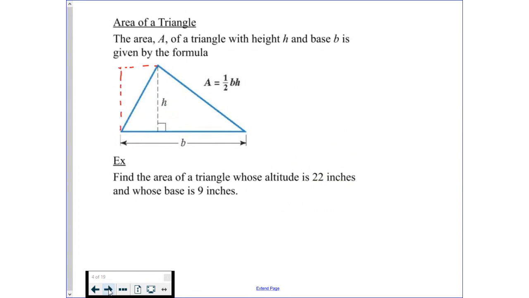So these two triangles are the same. You see, the two triangles are the same. So we have half of the two triangles. And here, if you extend here, again, the two triangles are the same. So the area of the bigger rectangle, the rectangle is b times h, and the triangle is half of it.